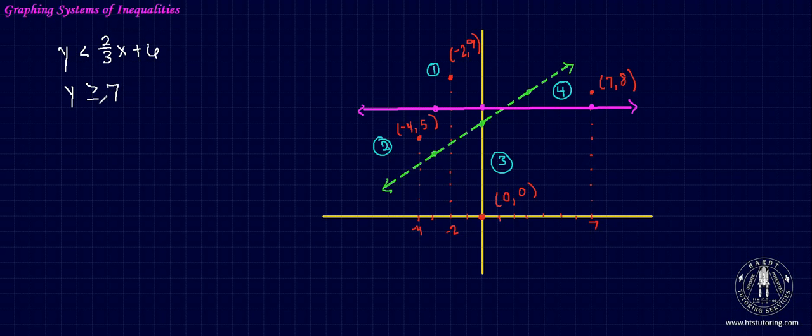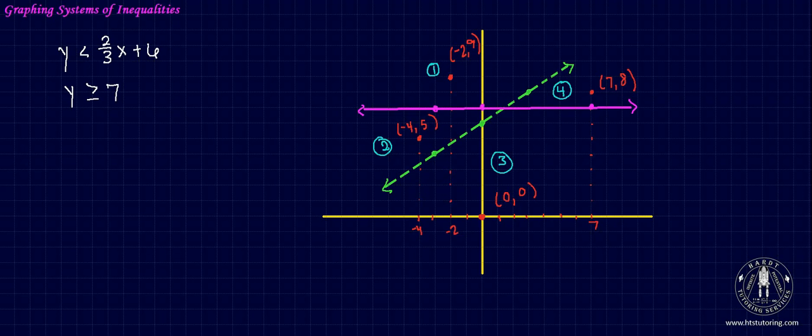That automatically eliminates what two regions? It automatically eliminates regions 2 and 3, because we don't get above y equals 7 in either of those regions. So now we only have 2 regions to test.